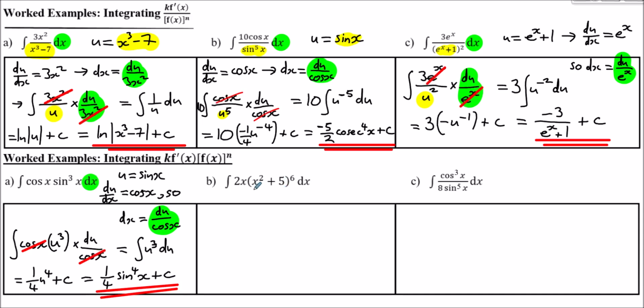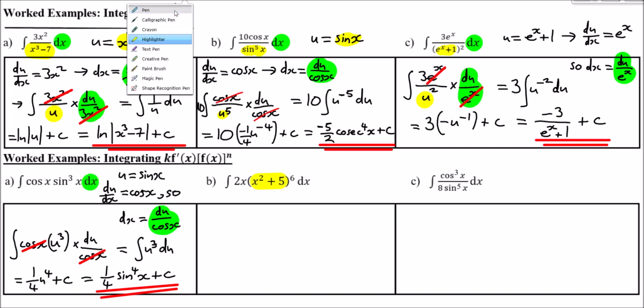B, again, just check this inner function to the power 6. x squared plus 5. What would that differentiate to? Well, x squared would go to 2x, lucky here, big clue, and 5 disappears. So because this function here differentiates to this bit, again, massive clue, u sub will answer our prayers.